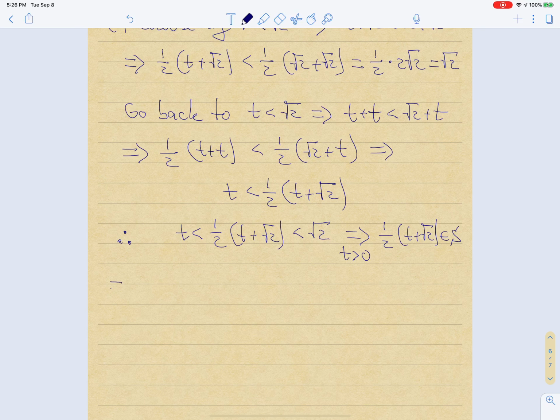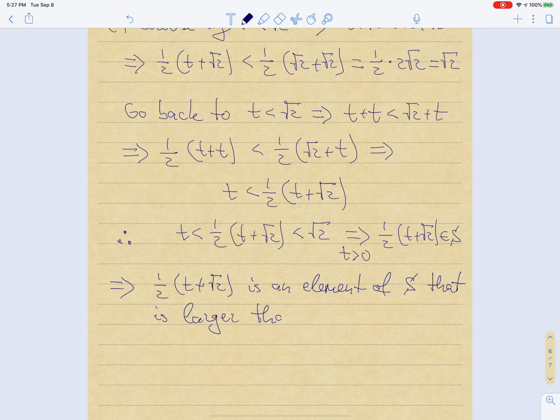So therefore, 1/2 t plus radical of 2 is an element of S that is larger than t. And so I'm done.